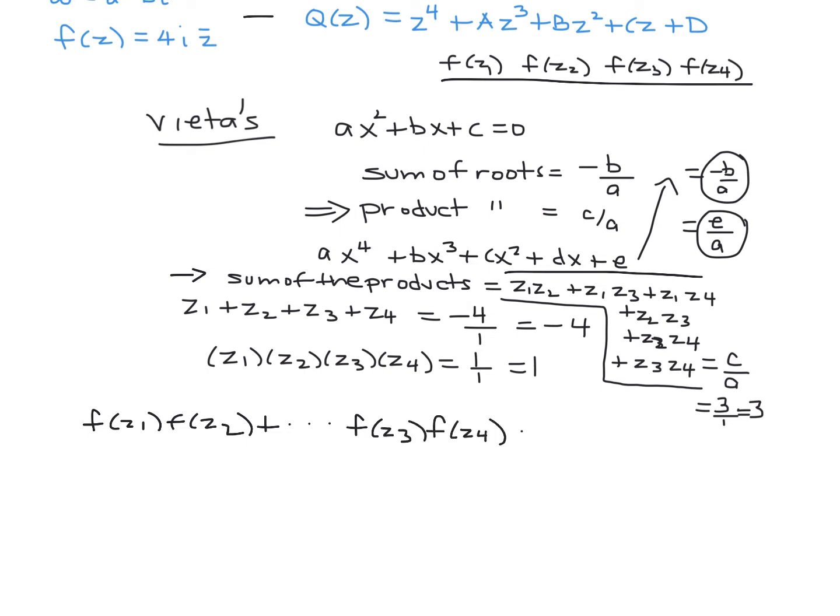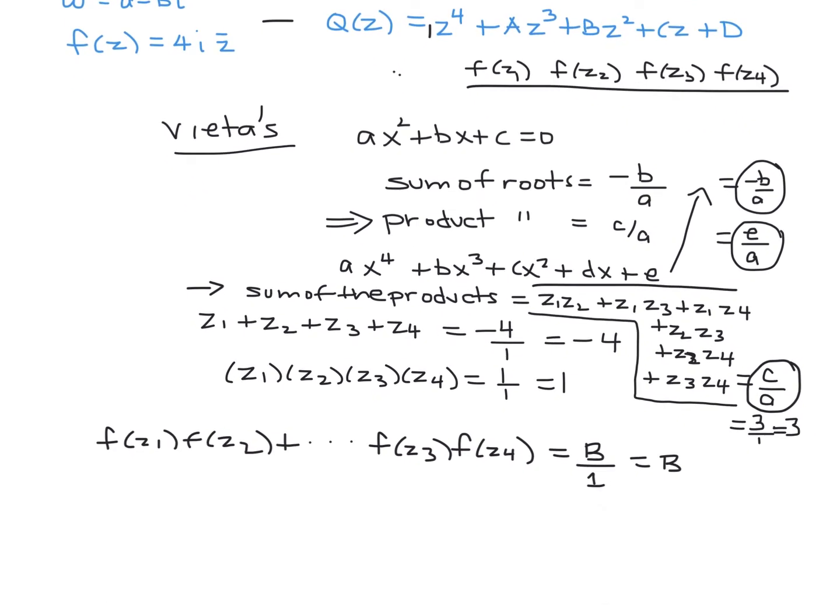I'm not going to write them all out. And that's equal to c over a, right? And in this case, it would be b over 1. You have to be careful as to what is a, what is b. In this case, a is 1, and then b is a, c is b. It's a little confusing, but it shouldn't be so bad. Now, finally, we get to use the definition, which is actually just right here. What is f at z1?